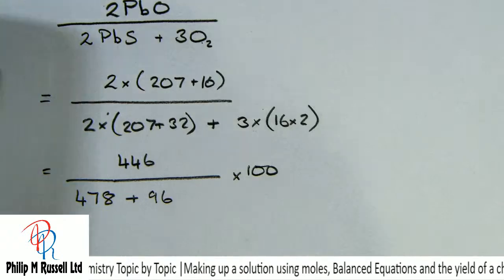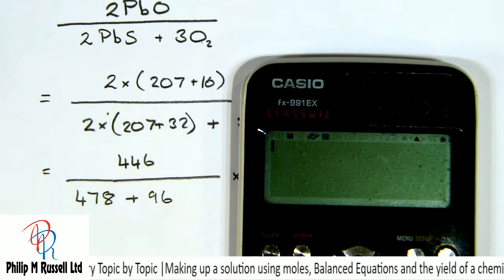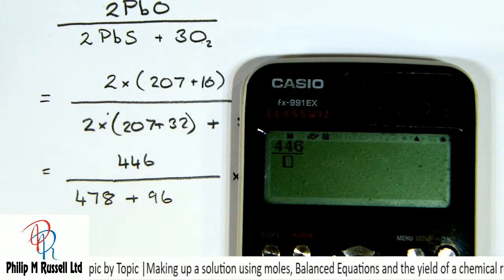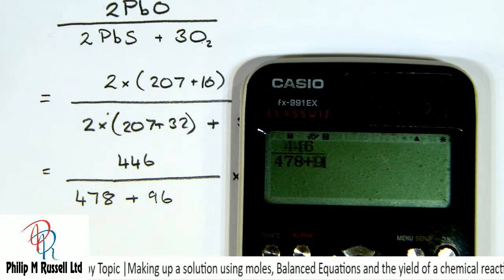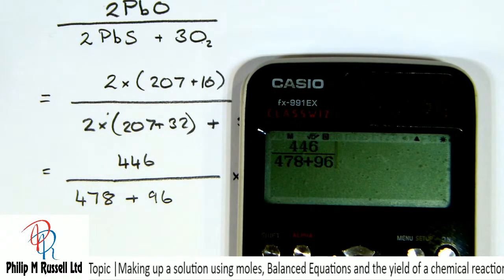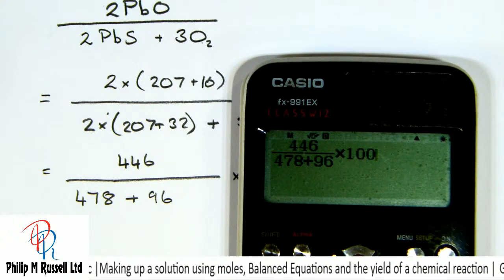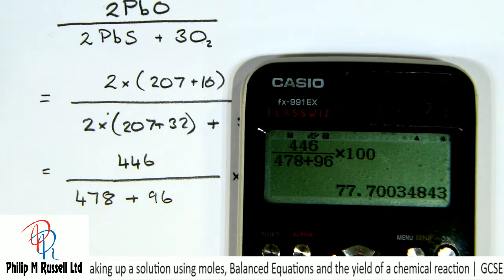Let's do the sum. 446 divided by 478 plus my 96 times by 100, and that should give me an atom economy of 77.7%.